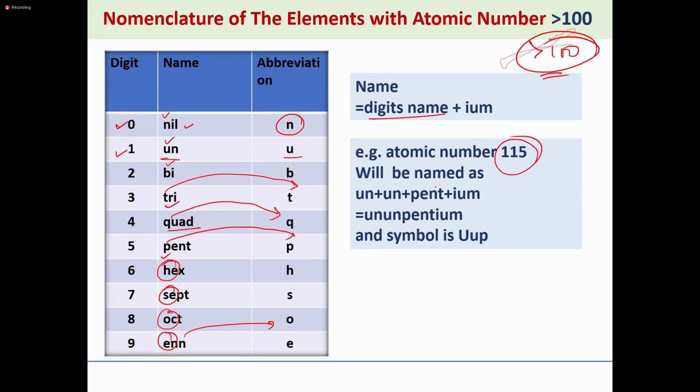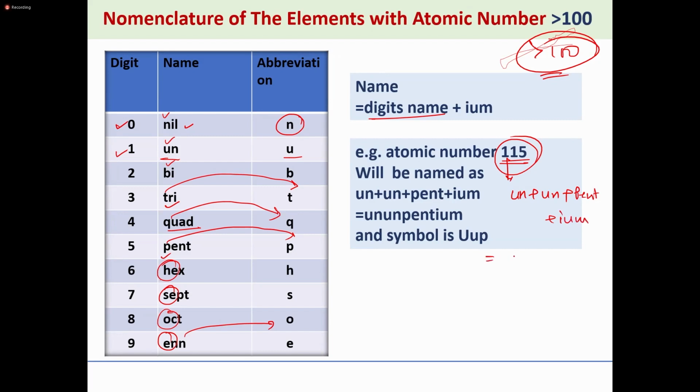For example, 115. Suppose the atomic number is 115. One means un, so U. So un for the first digit, another un for the second digit, plus 5. Five is pent, so this is un un pent plus ium.